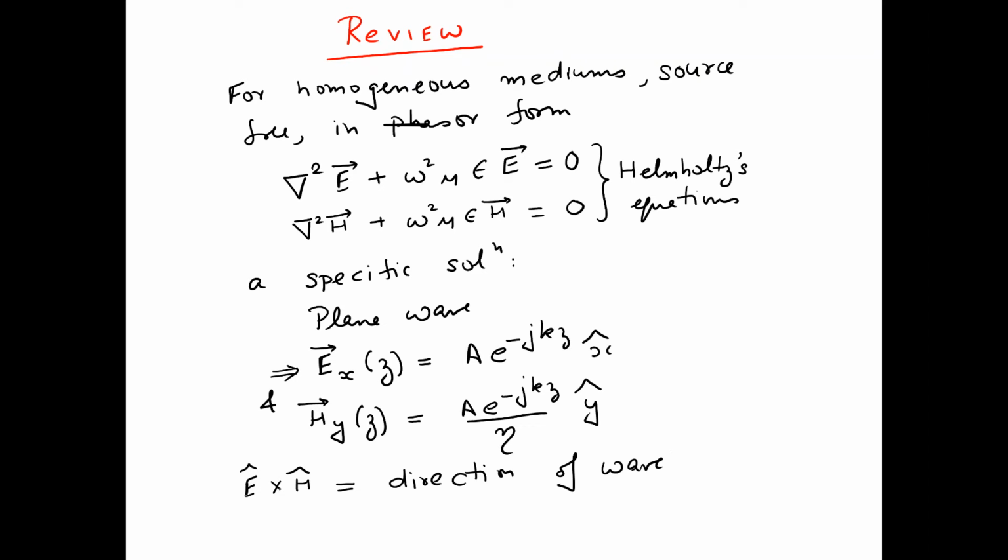And the various terms we had, which we have introduced now, is the angular frequency omega, which was 2 pi f, k, which was 2 pi by lambda, which is the wave number, v, phase velocity, which was omega square root of mu epsilon, and wave impedance eta, which is basically how E and H are related to each other.